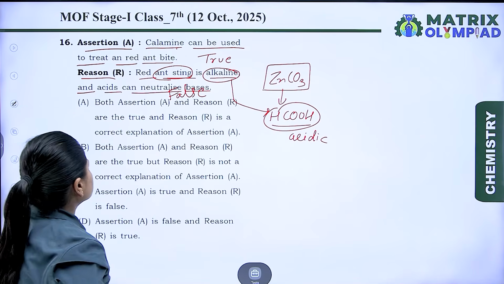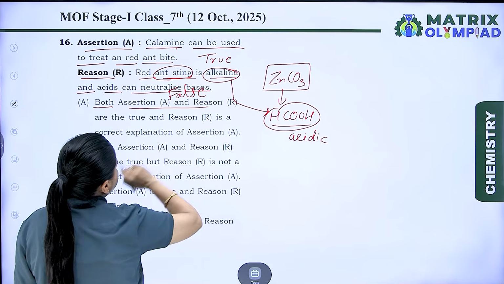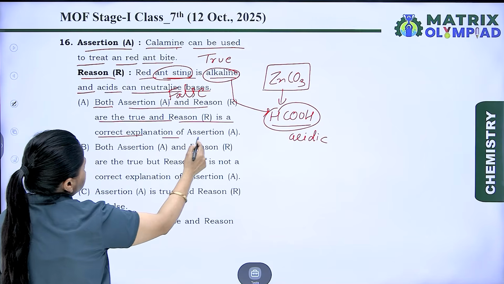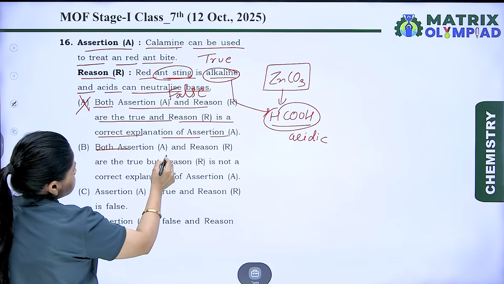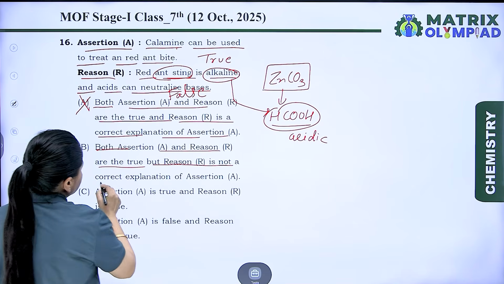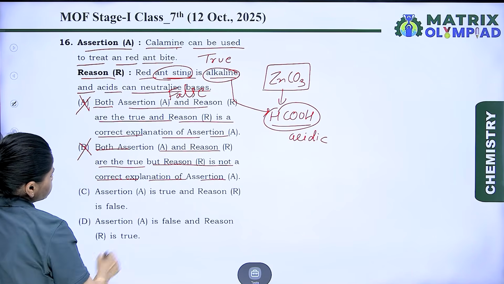Now take the options. Both assertion and reason are true and reason is a correct explanation of assertion. This is wrong. Both assertion and reason are true but reason is not a correct explanation of assertion. This is also wrong.